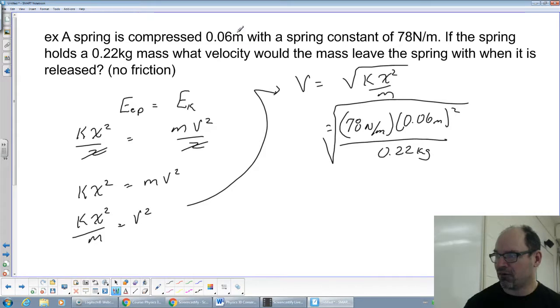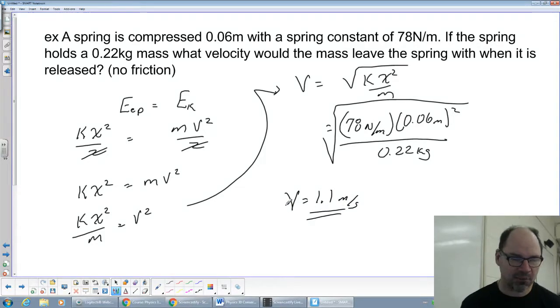So if we go to two significant figures, I should have put an extra one there for a significant figure. It's 1.12 or 1.1 meters per second. Okay, so there's a couple of those. Conservation of energy questions without any friction involved in them.